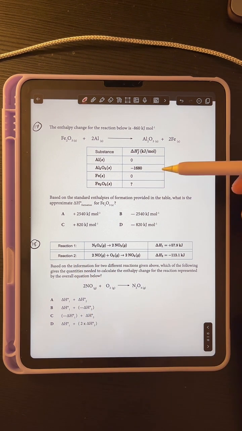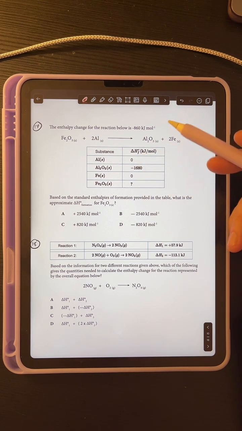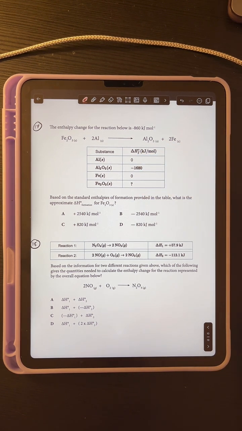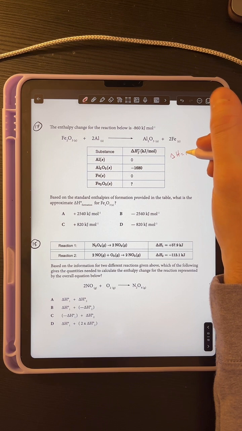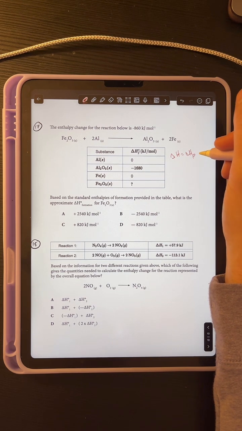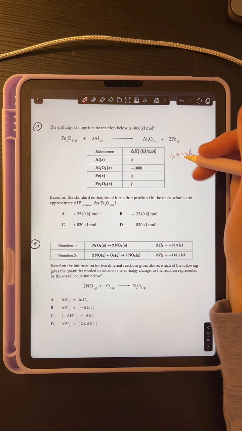So now instead of looking for the overall delta H, we're looking for one of these pieces. These are standard enthalpies of formation, so we're going to use the equation delta H equals delta H products minus delta H reactants, or the sum of those.